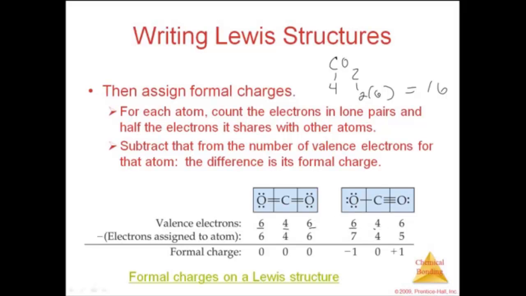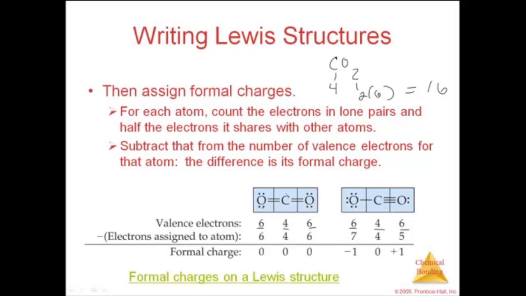Same for both. Okay? Now, if I look at electrons assigned to the atom, I've got to count any lone electrons that are on that atom alone, plus if they're in a bond, I take half of those two. So I've got 1 here and 1 here, that's 2, 4, and 6. So I also have 6 electrons assigned.